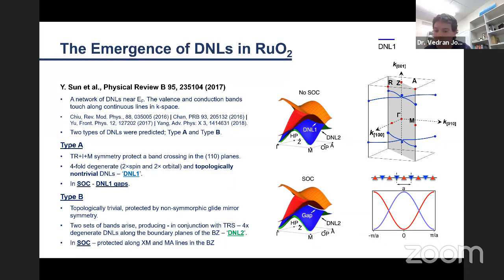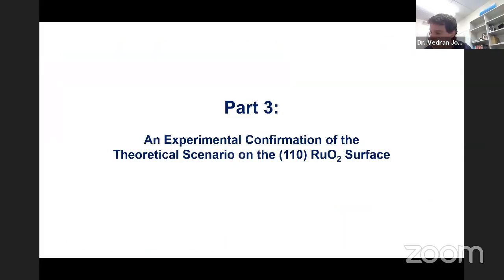And this will also partially gap the Dirac nodal lines 2 along the Brillouin zone boundary, but additional symmetries will protect the fourfold degeneracy along discrete high symmetry lines in XM and MA, along the XM and MA directions of the Brillouin zone. And then the intersections of these Dirac nodal lines produce 6- and 8-fold degenerate points, specified as hexatrupel and octatrupel points in the Brillouin zone structure.